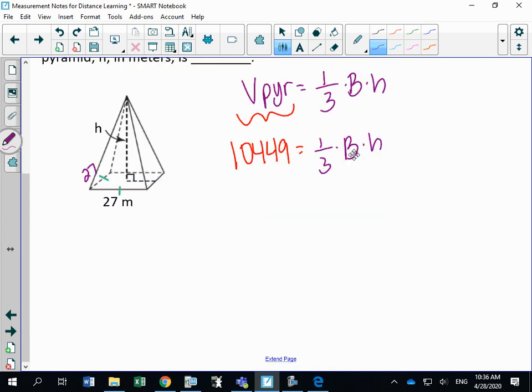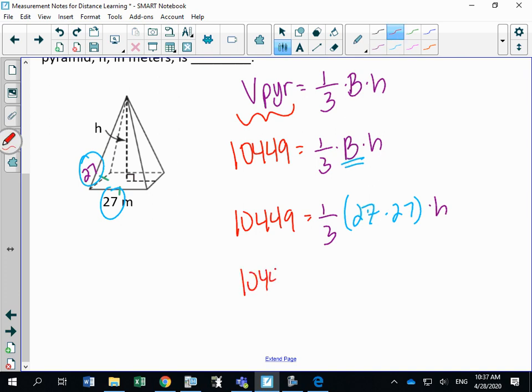So let's put in what big B is because we know what that is. So I've got 10,449 is equal to 1/3 big B, which is the area of the base, 27 times 27, and then this is all times the height.